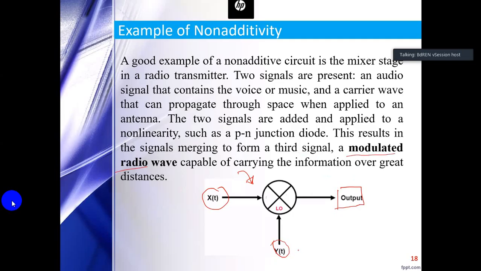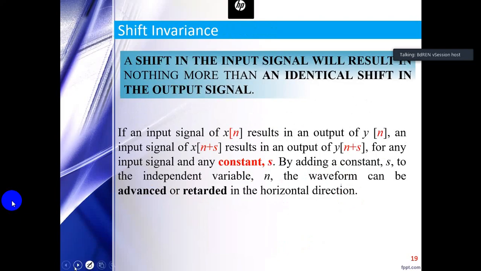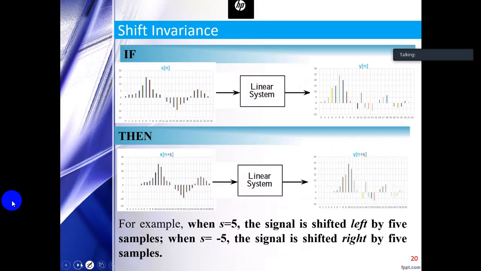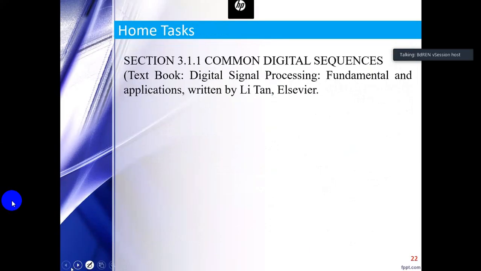If you think of a carrier signal with a certain fixed frequency, and the input signal is the low frequency signal, then the output is a modulated signal, which does not follow the additivity property.